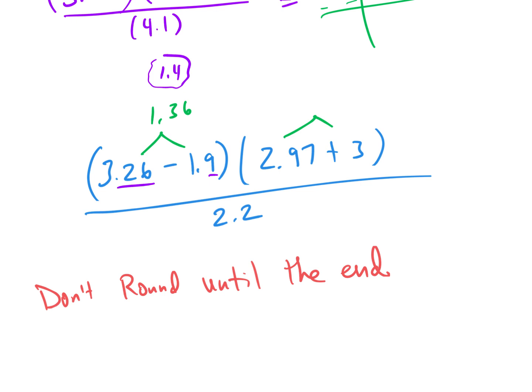And what about 2.97 plus 3? Well, that one's easy to do in our head, maybe. 5.97 without rounding. With rounding, what are we going to store in the cloud? Is it 6 or 6.0? How many decimal places does this have?